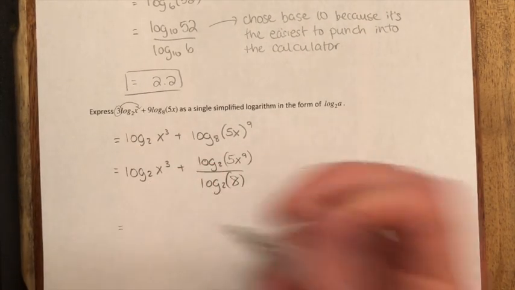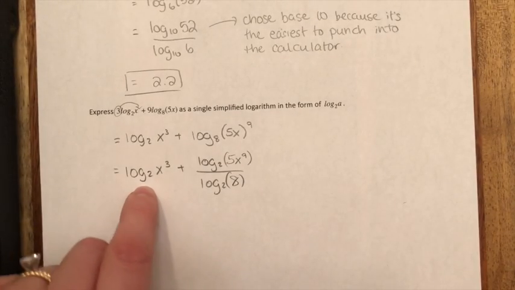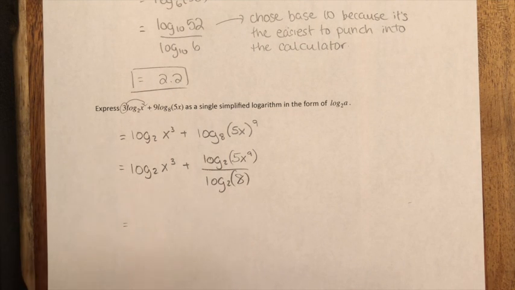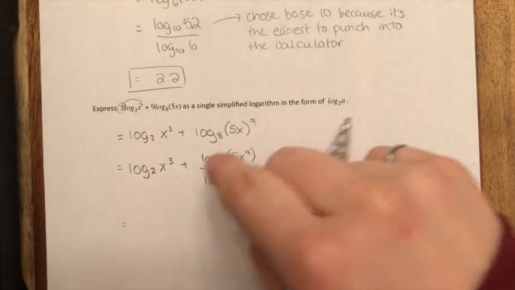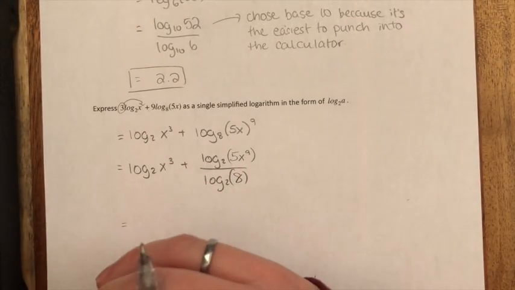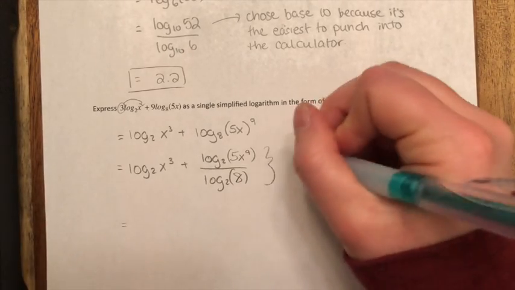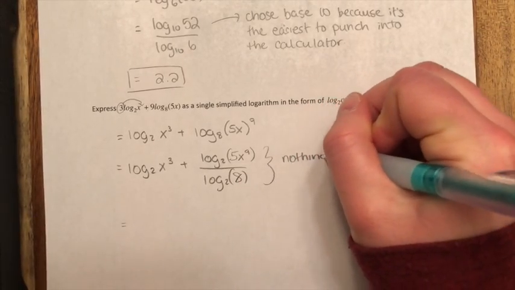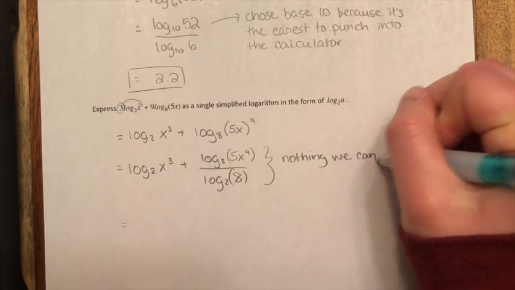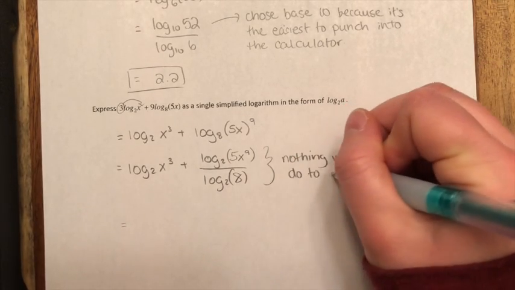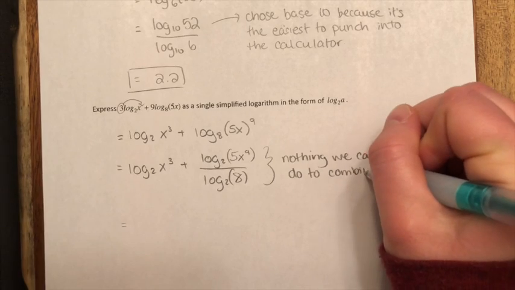So now we've got a log plus a log divided by a log, and it thinks, okay, we can combine this. When we've got a log plus a log, we can combine the arguments. We can multiply them together. However, there's nothing that we can do to combine this.